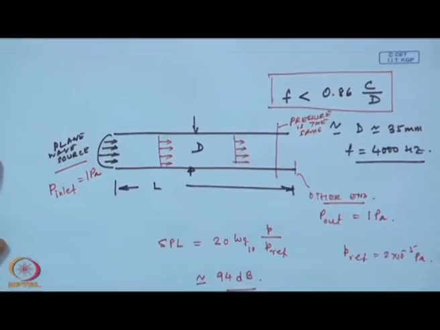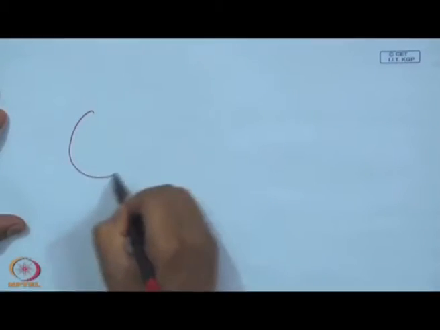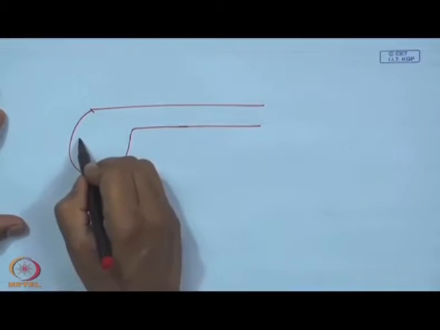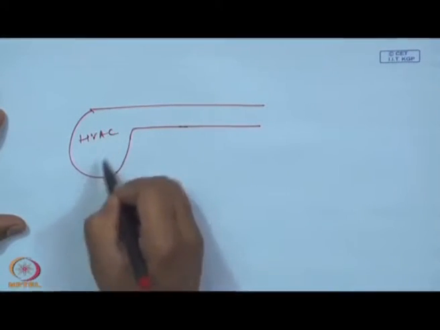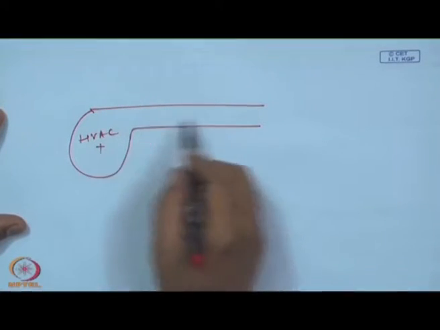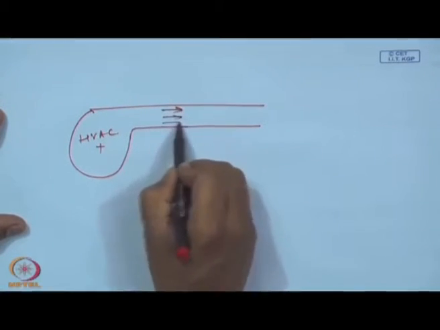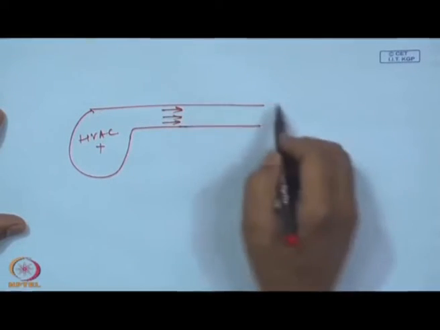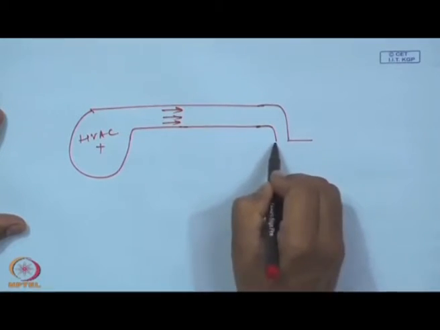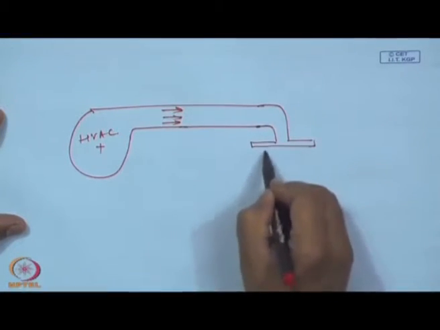This has a practical significance in any special duct application. For example, I have an HVAC system where a blower gives conditioned air to a point, say inside a room, where I have a diffuser.